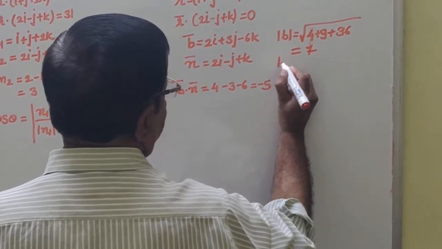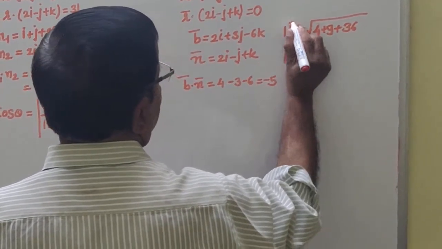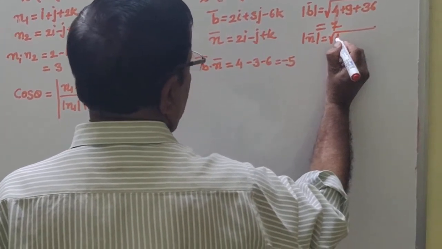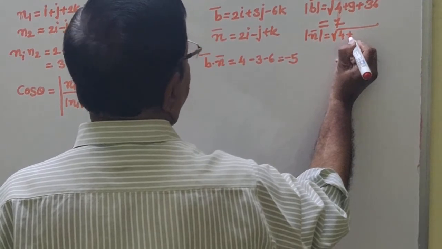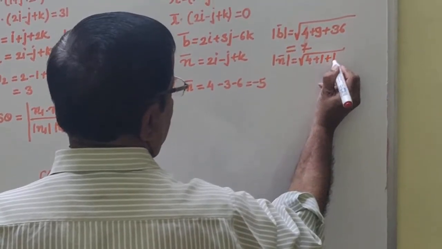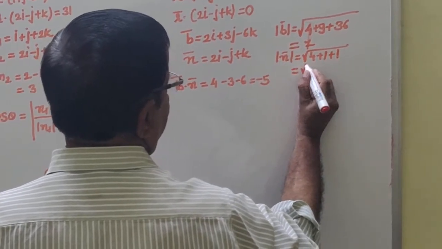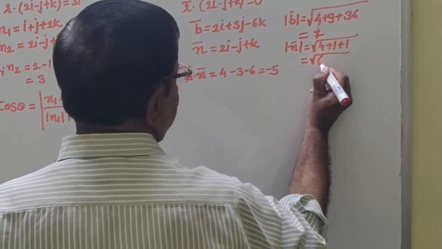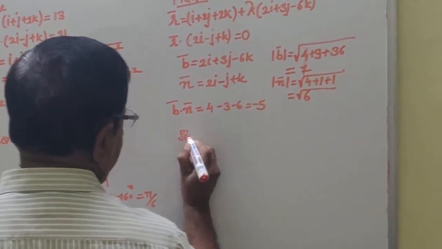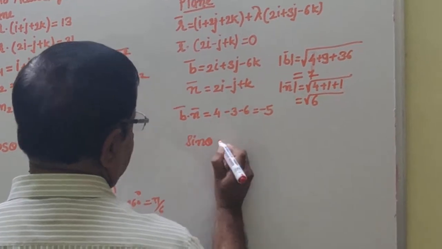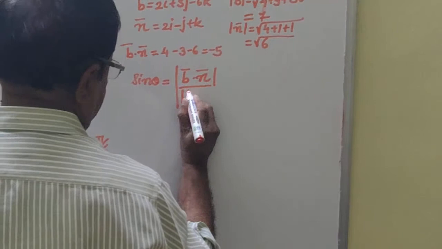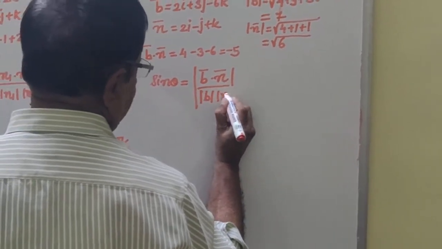Now what is the magnitude of n? It is the square root of 2 square, which is 4, plus 1 plus 1, so 4 plus 2 is 6, giving root 6. Now I am substituting these values in sin theta is equal to b dot n upon magnitude of b into magnitude of n.